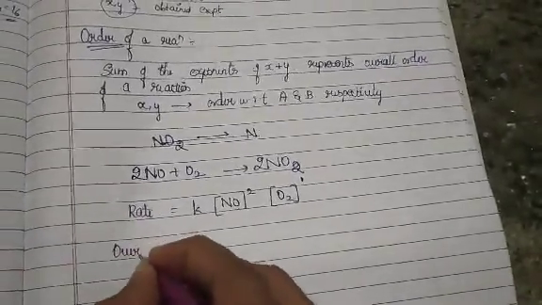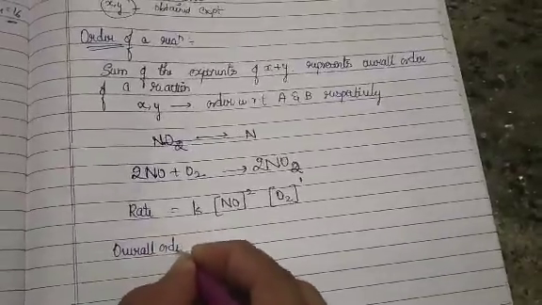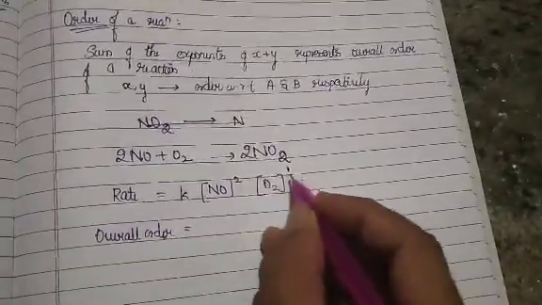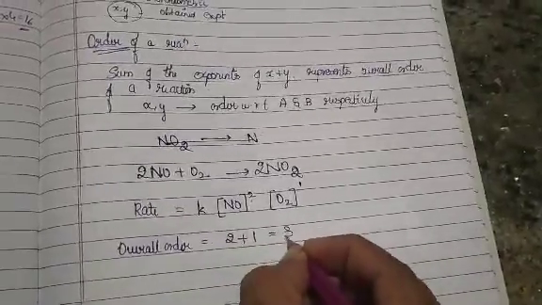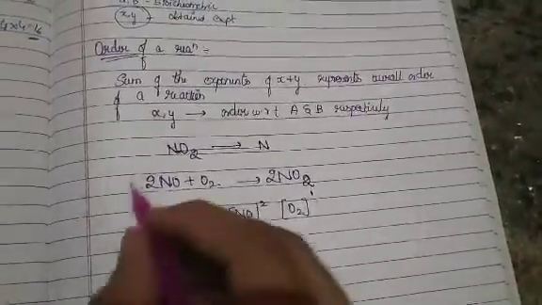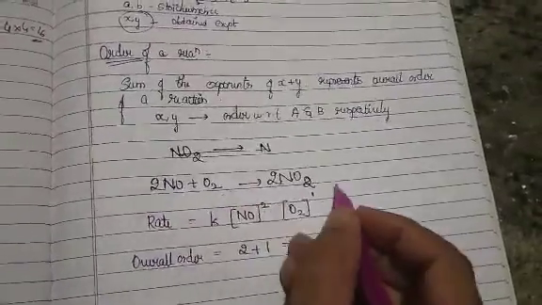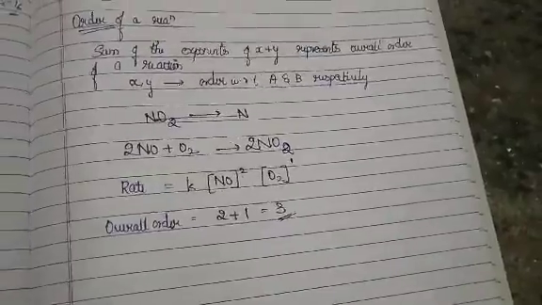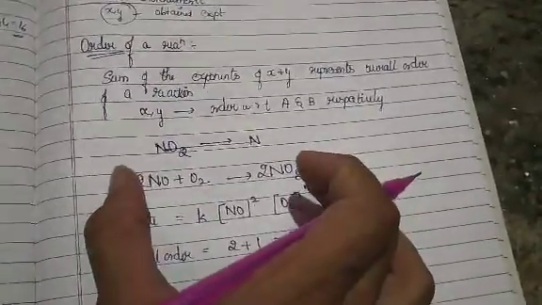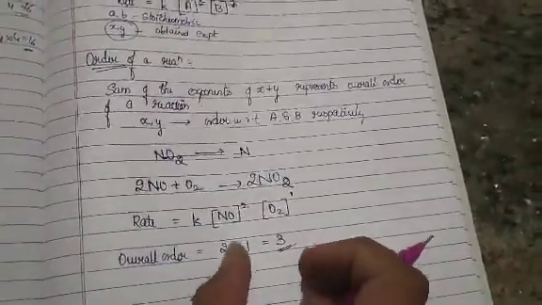Remember, the overall order of a reaction is x plus y, that is 2 plus 1, which equals 3. That means the oxidation of nitric oxide is a third order reaction. Able to understand? So it is representing the overall order of a reaction.